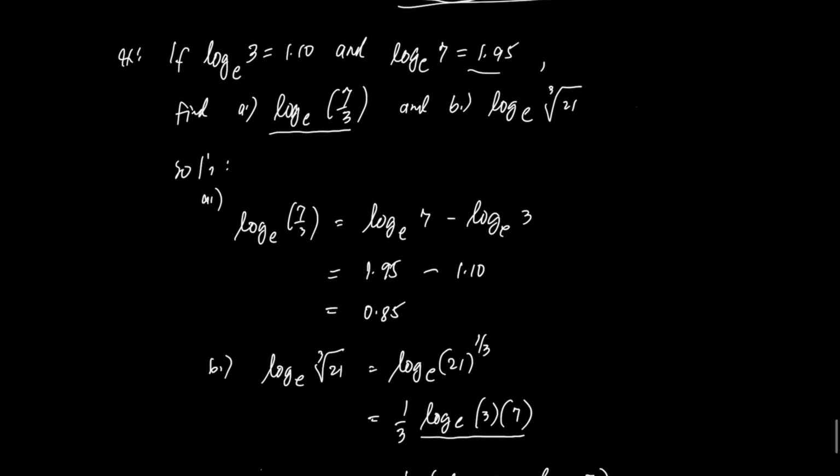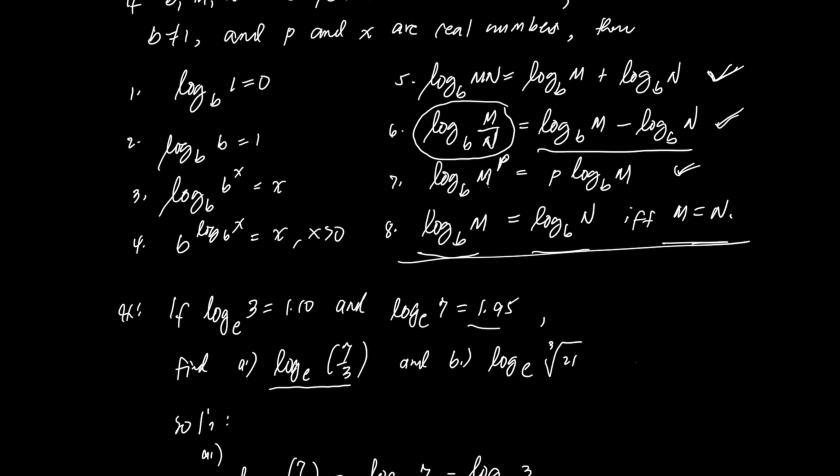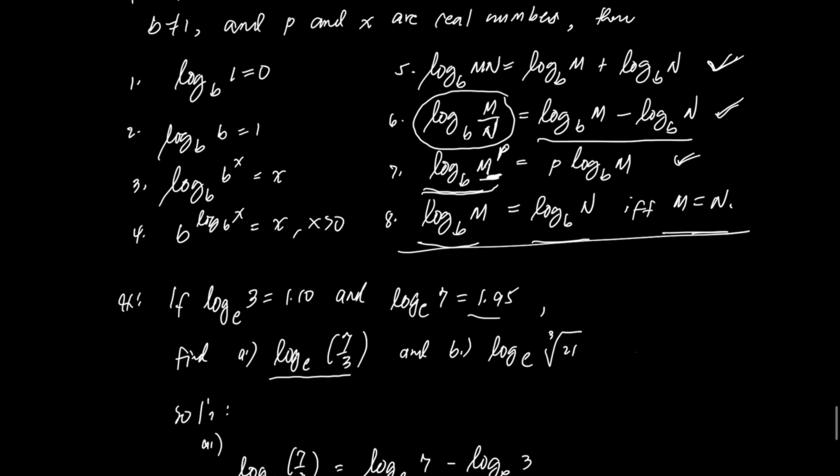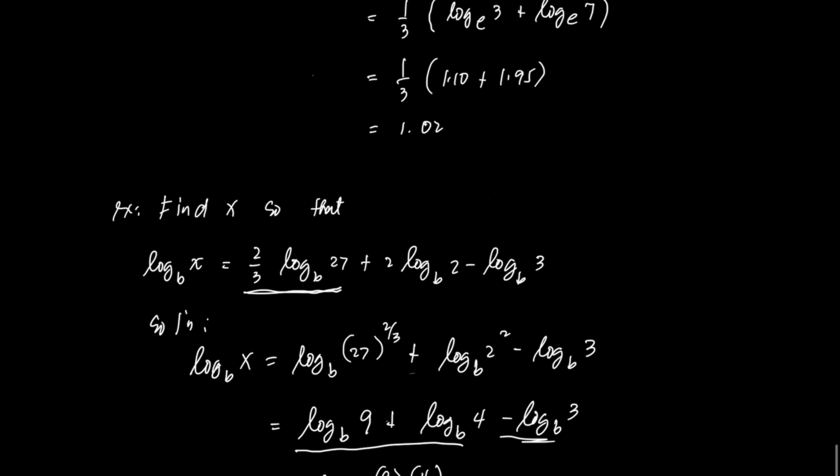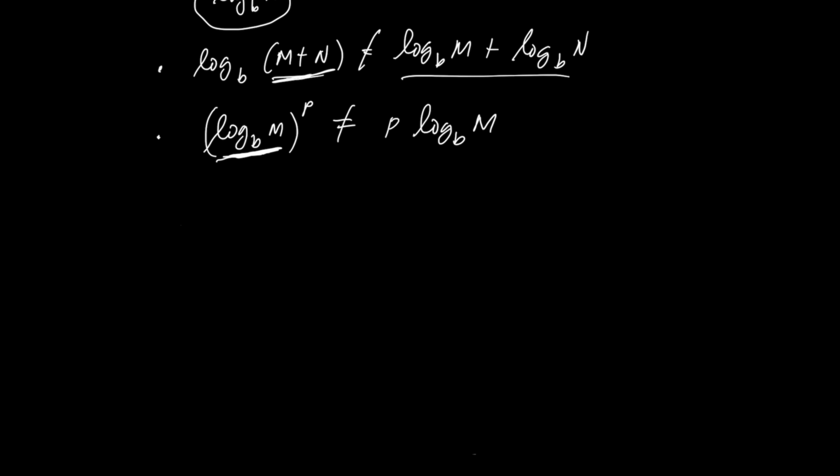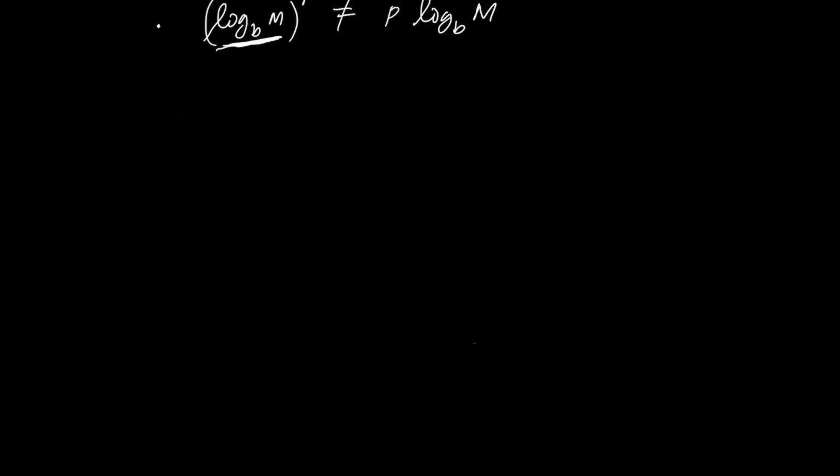Our rule is you are just getting the power p of m, not the entire logarithm. So you are getting the logarithm of m to the p. So they are not equal. I hope that's clear with you.